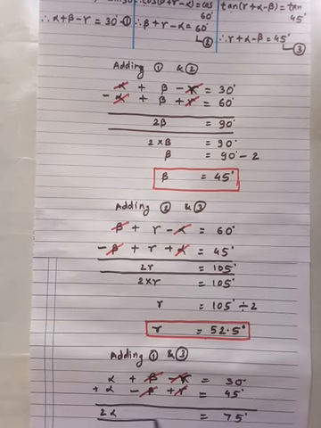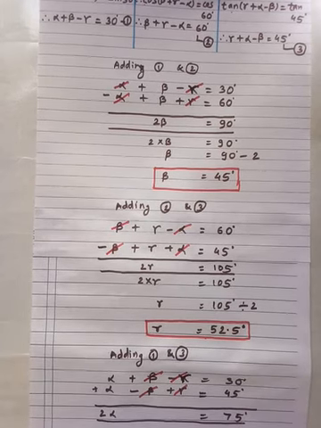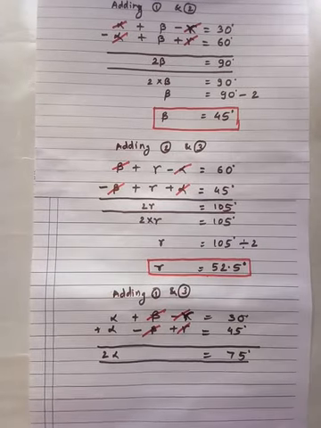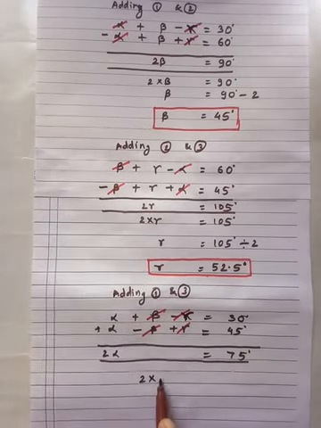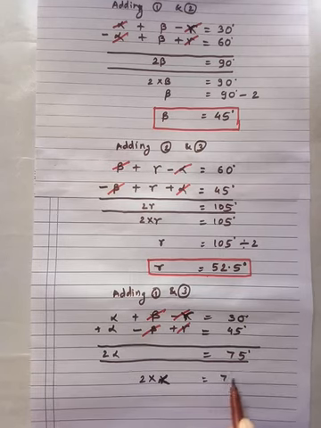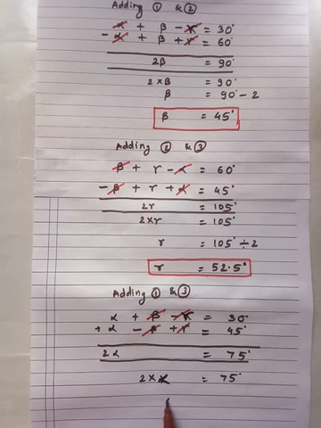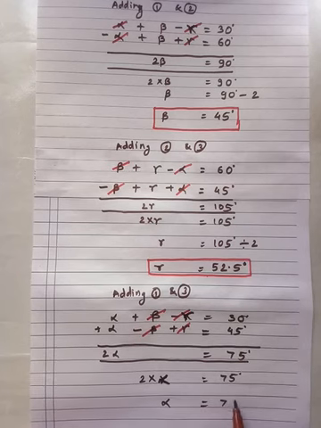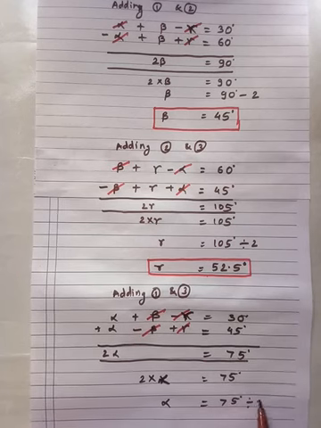degrees. You know the meaning of 2 alpha: 2 into alpha equals 75 degrees. Multiplication 2 is transposed, so alpha equals 75 degrees divided by 2.